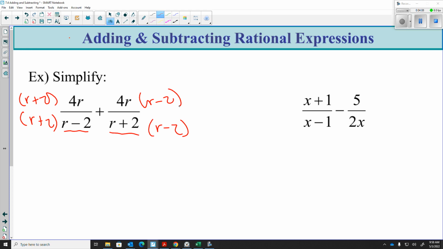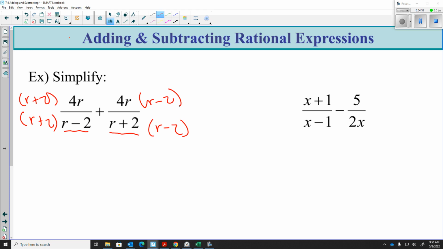Here's the deal, guys. I know that we just got finished multiplying these things, and I told you don't actually multiply them because sometimes it makes things harder.